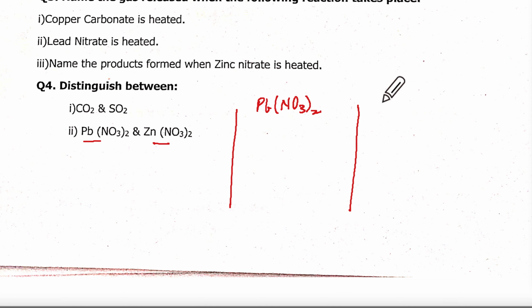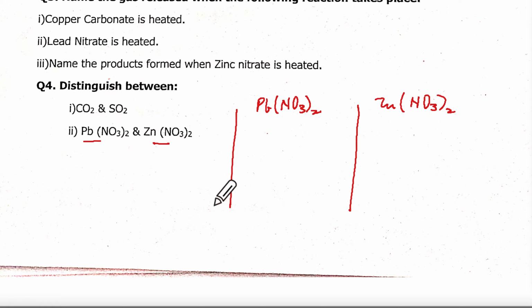What is different in these? Ma'am, the end product of Pb(NO3)2 is PbO, buff yellow, and ZnO, yellow when hot and white when cold. I didn't understand. Did you add some solution or did you heat it strongly?